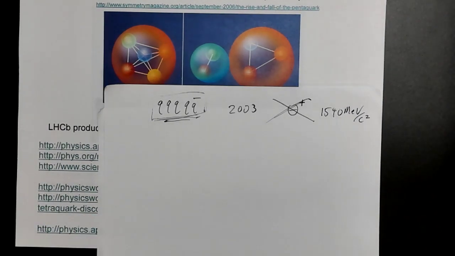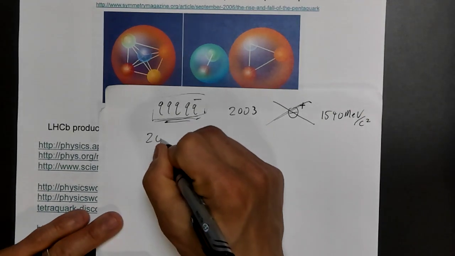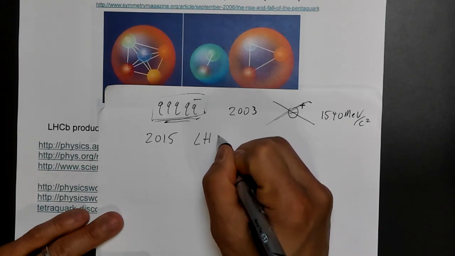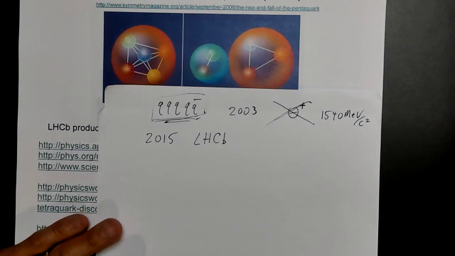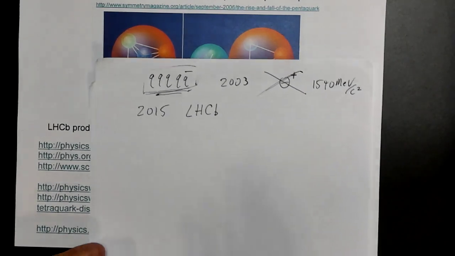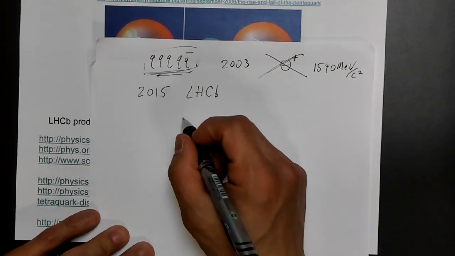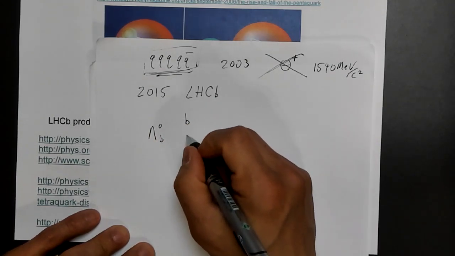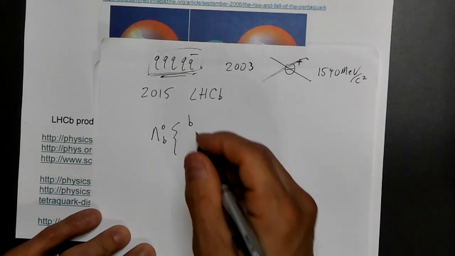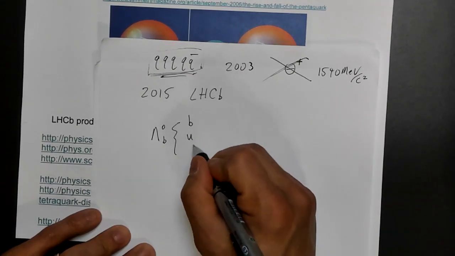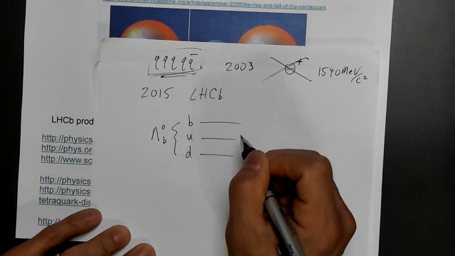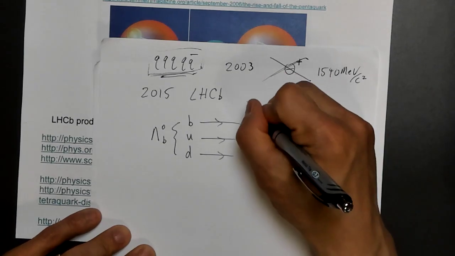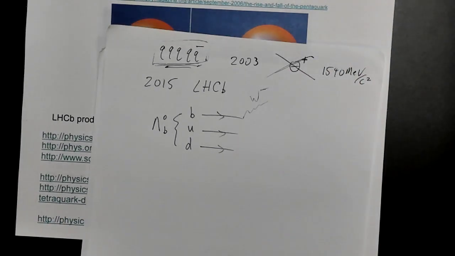Now, however, in 2015, when the Large Hadron Collider turned on, there was a collaboration called LHCb that looked at states with heavy quarks. What they did was they created what's called a lambda B0 baryon, which in the simplest quark model picture has a bottom and an up and a down quark. But this decays through the weak interactions, and so this produces a W minus particle.